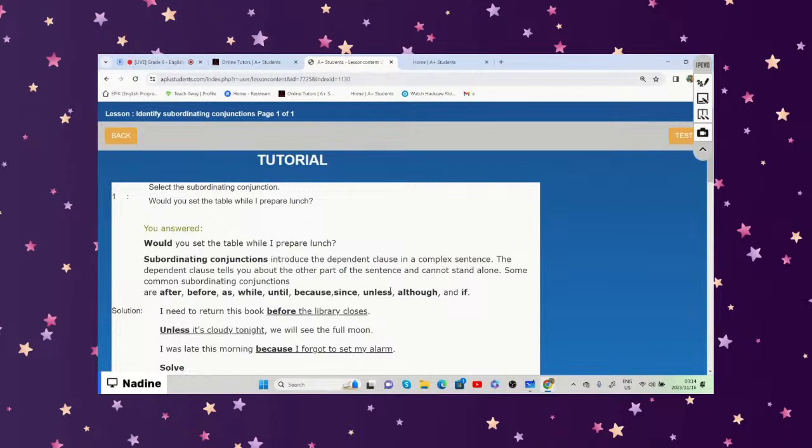And once again, some common subordinating conjunctions are after, before, as, while, until, because, since, unless, although, and if. Those are once again the most common subordinating conjunctions.